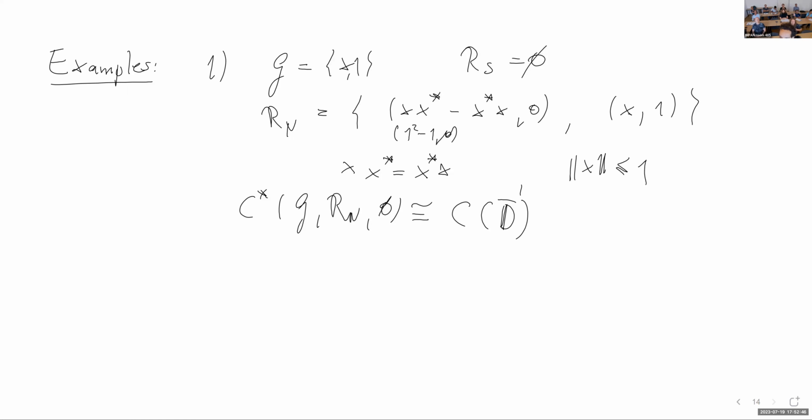Zero. Why do you need the unit? Because it's compact. I think if you don't add the unit, you get the punctured disk, the disk without a point.